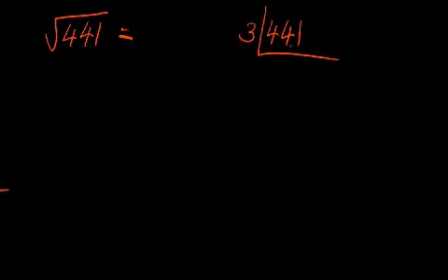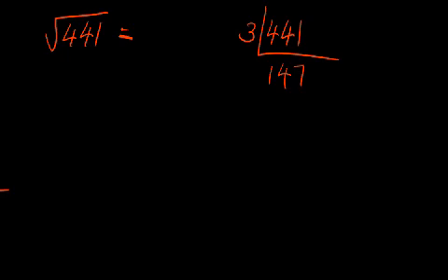441 divided by 3 is 147. Then is 147 divisible by 3? Just take the sum of digits. 1 plus 4, 5. 5 plus 7, 12. 12 is a multiple of 3.